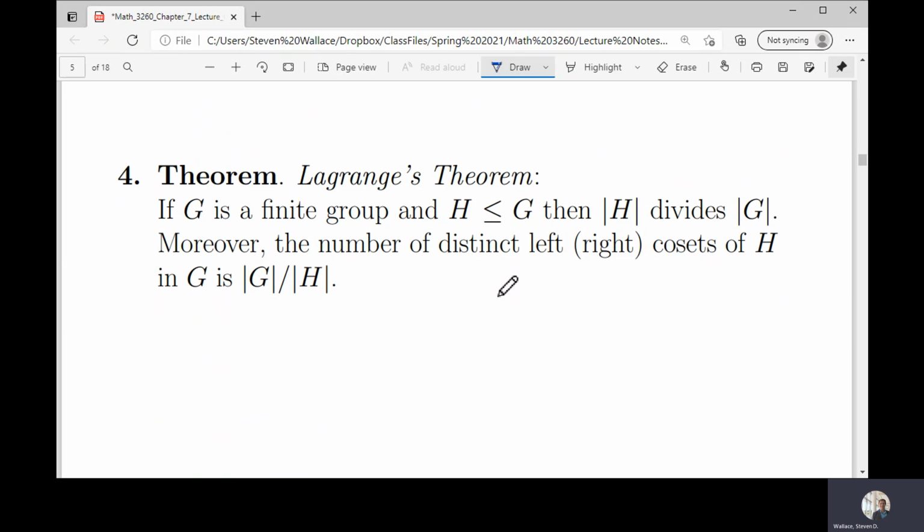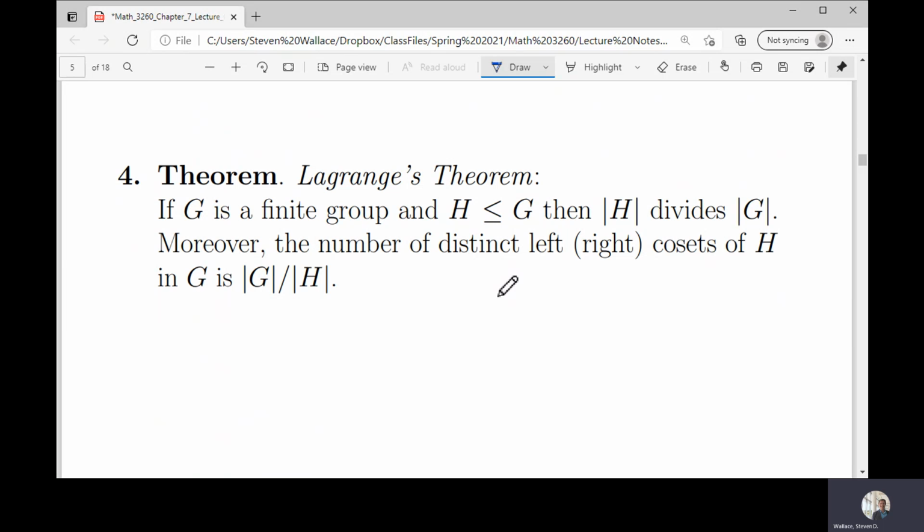Moreover, the number of distinct cosets would be equal to that quotient. And a corollary to that would be that the order of any element of a group must divide the order of the group if the group is finite.